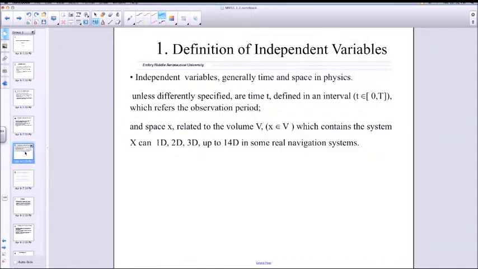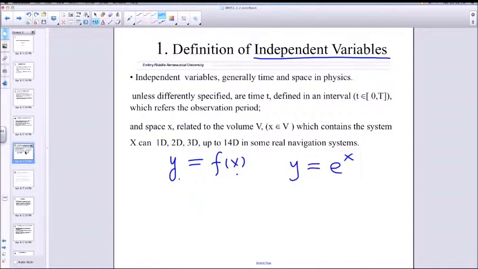So first of all, let's go to the definition of independent variable. That starts from a function. If you have a function y equals f(x), then x is called the independent variable, and y is called the dependent variable. Sometimes that is relative. Let me give you this: y equals e to the x, then x is the independent variable, y is the dependent.